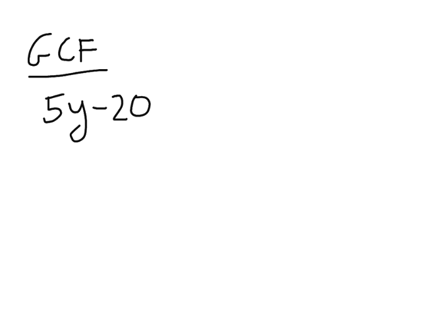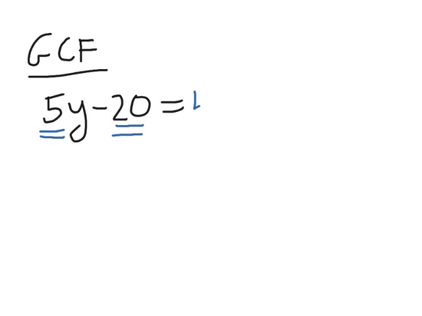Alright, so greatest common factor. Greatest common factor problems might look like this. I might give you 5y minus 20. So what you do is you look for the things that each piece have in common. What I see for this one is I have a 5 and I have a 20. 5 and 20 have the number 5 in common.